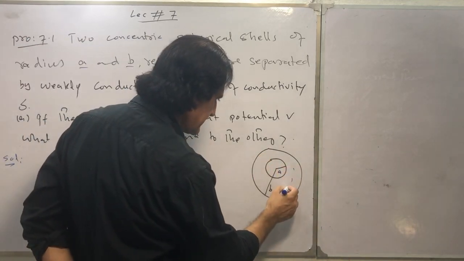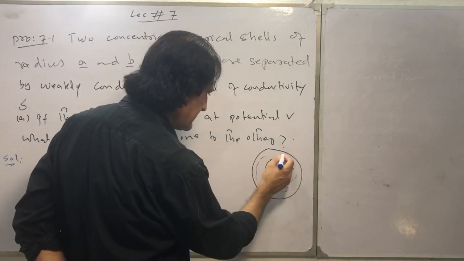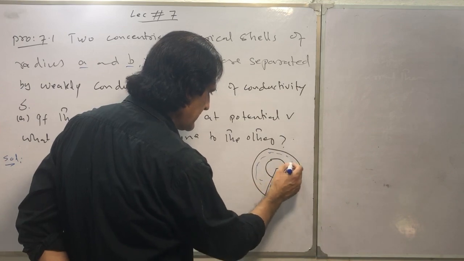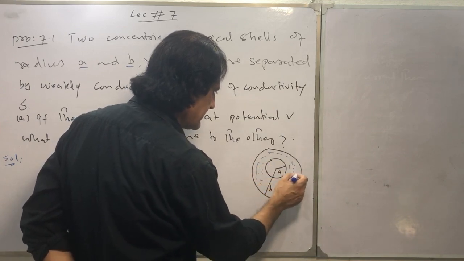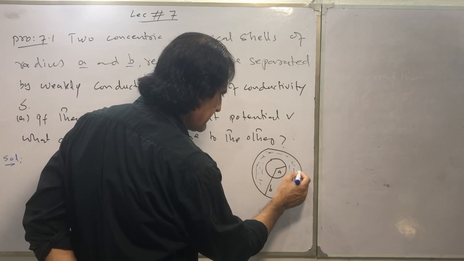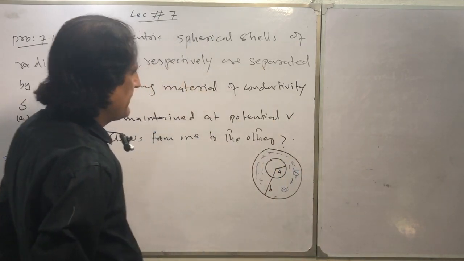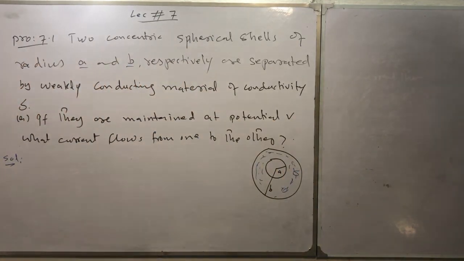Here there is some material, and these two concentric spheres are separated by some material having conductivity sigma.